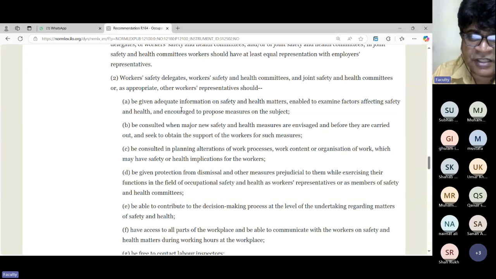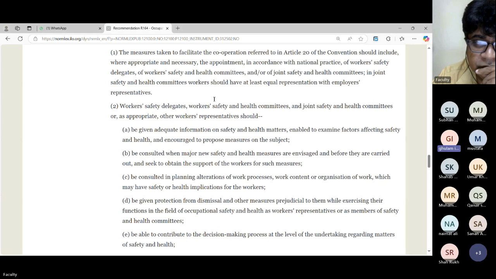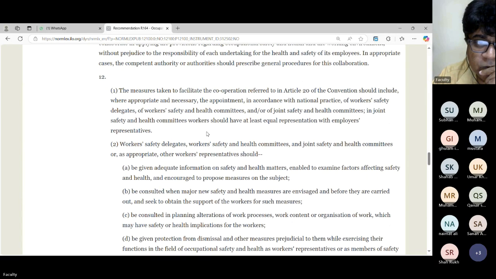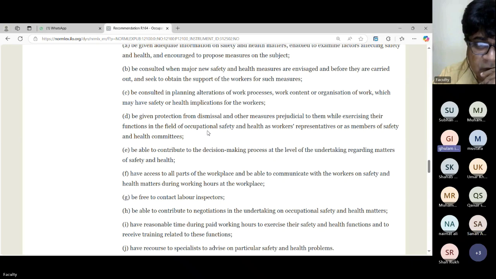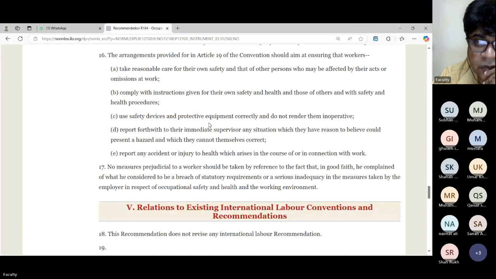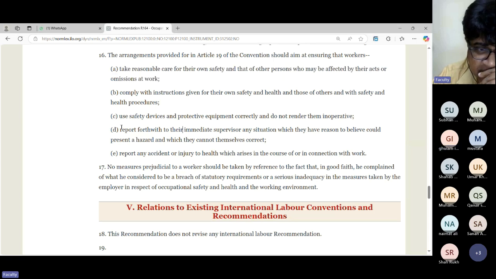Well, next, worker duties. What are workers' responsibilities? So what do workers' responsibilities say? They have to take care of their own safety. See, there are A, B, C, D, E given.